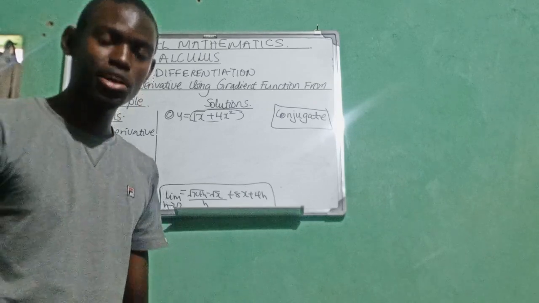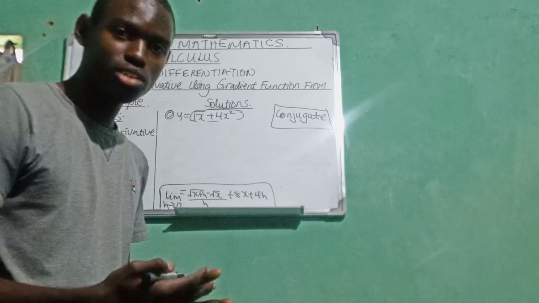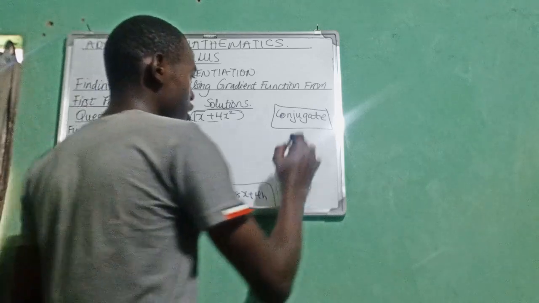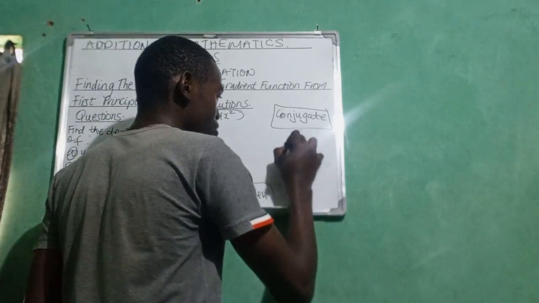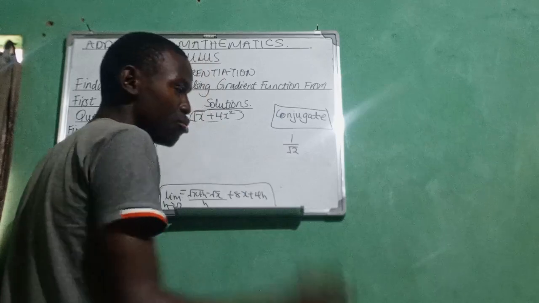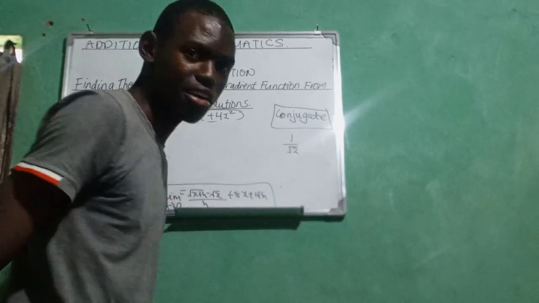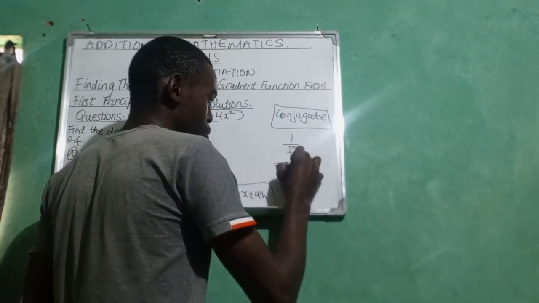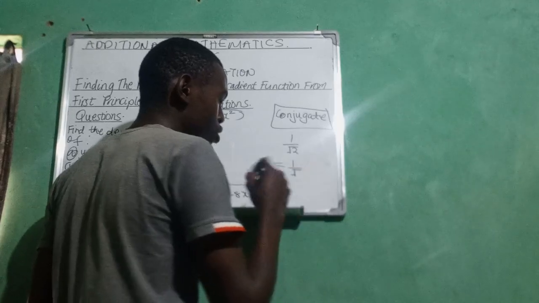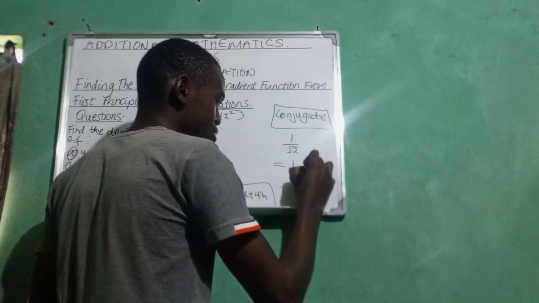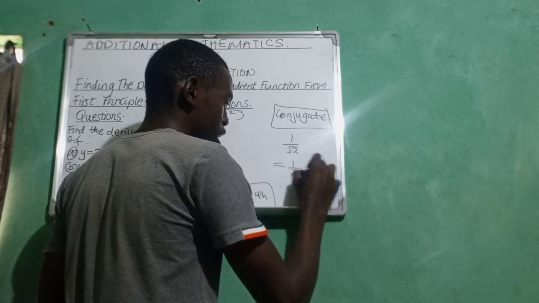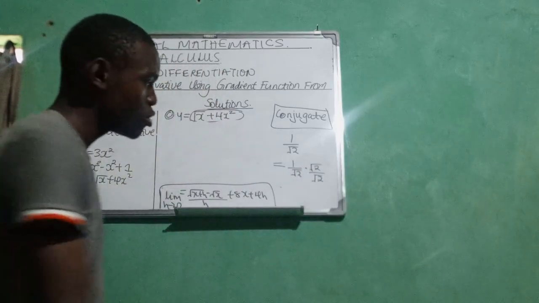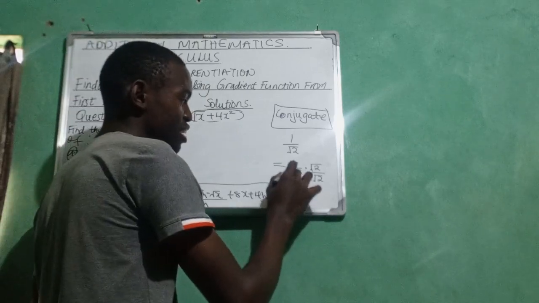Conjugating is related to rationalizing a denominator. For example, we have 1 divided by square root of 2. To rationalize this denominator, we multiply by a special 1, the same as the denominator.